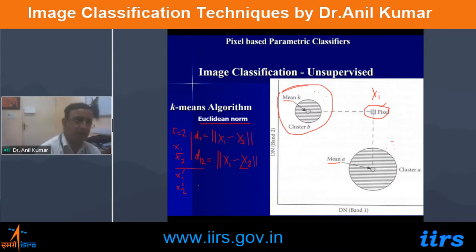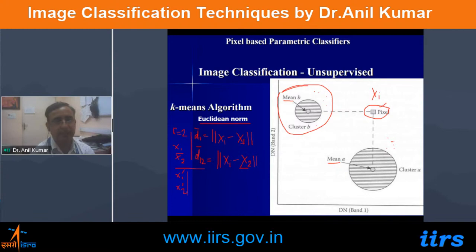So using the new means, again we can calculate these distances for all the pixels one by one, and again we can get few pixels in this cluster and few pixels in this one, again using the minimum distance criteria. So once we get few pixels in cluster 1 and few pixels in cluster 2, then using the new pixels, again we can find out the mean of cluster 1 and cluster 2.